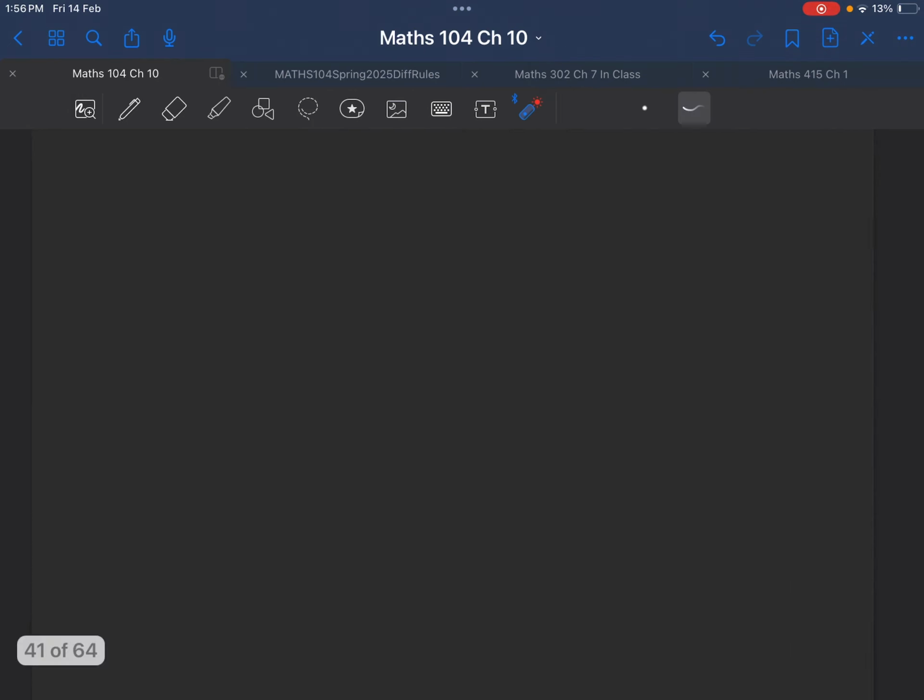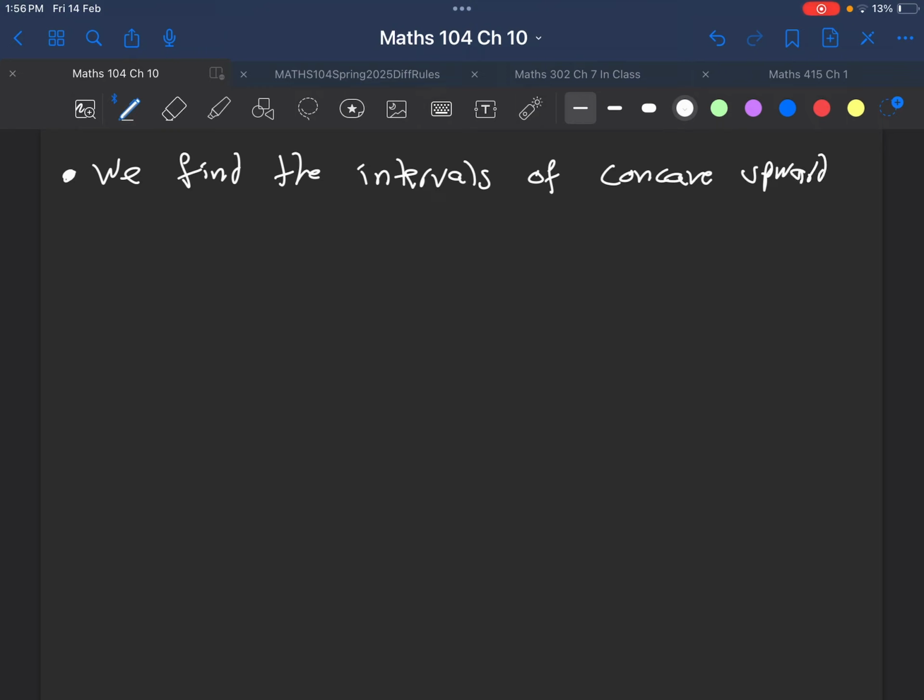Next we need to find concave upward, downward, and inflection points. So we find the intervals of concave upward, downward, and the inflection points.